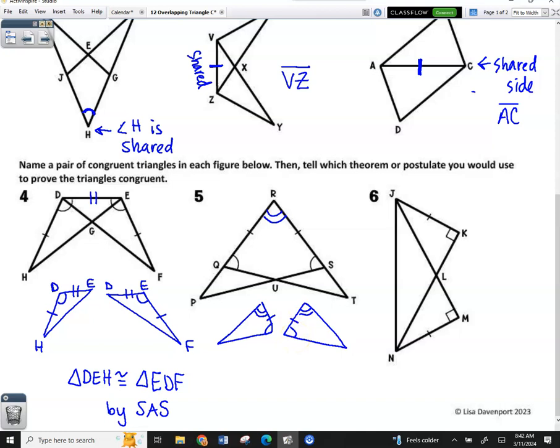So, how did you name the first triangle? Like, what would this letter be? P. What would this letter be? R. Be careful here. S. And then this triangle right here, what would this letter be? T. What'd you say?